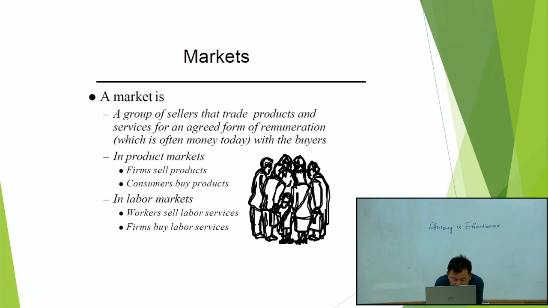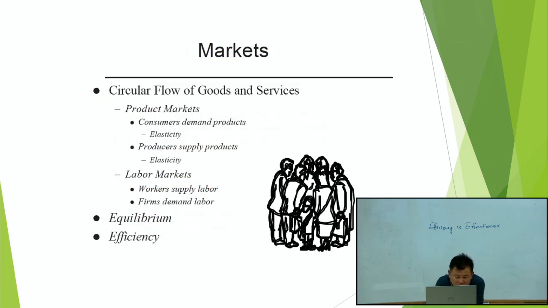So this is how they meet in the invisible market. This is the market concept, okay? When we mention markets, we also have to know the circular flow of goods and services. Product markets, consumer demands for products, the elasticity.